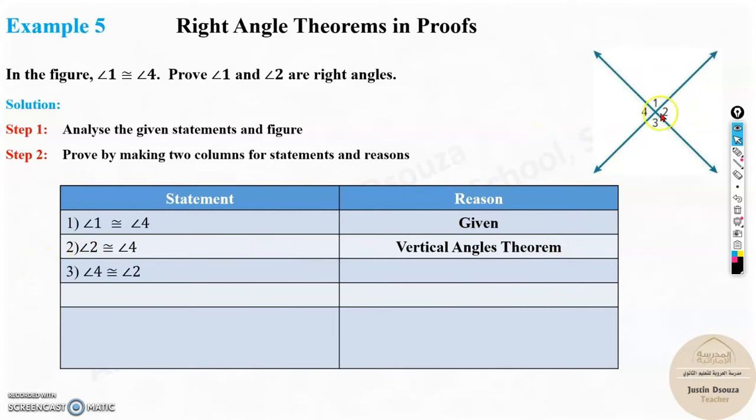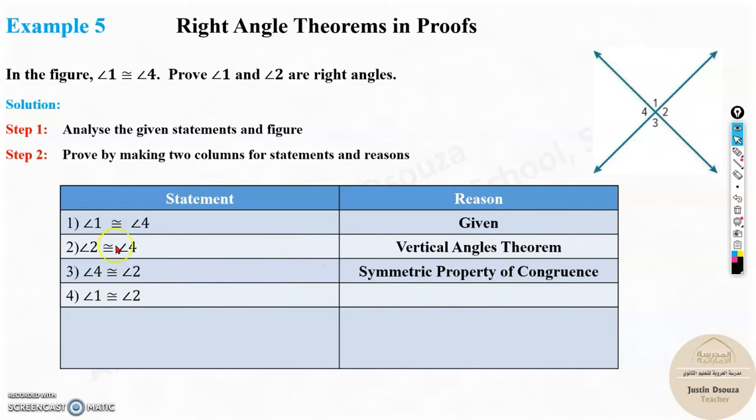So then 4 and 2 are also equal. Why? Because it is the symmetric property. Reflexive means only one, symmetric means two, transitive means three. So symmetry means you're just writing them the other way, swapping them. If 2 is equal to 4, then 4 must be equal to 2, the angles I mean.